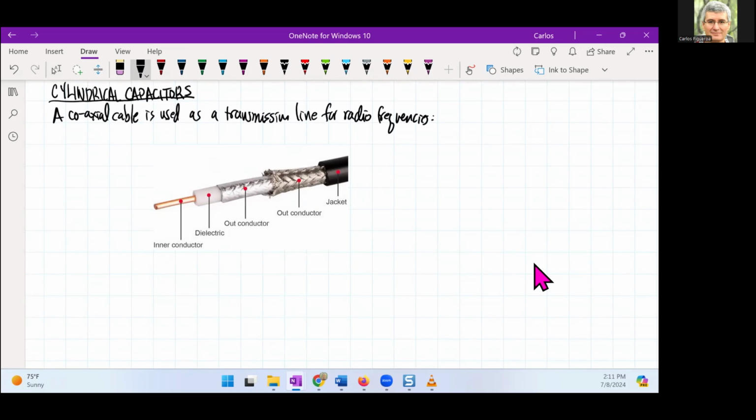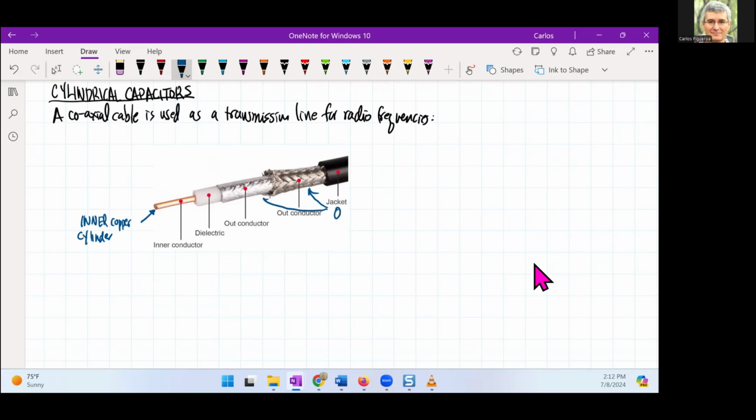When you're looking at this, here's what you're seeing. There are pieces. There's the inner conductor, which is what we would call the inner copper cylinder. And then you have two pieces to the outer.